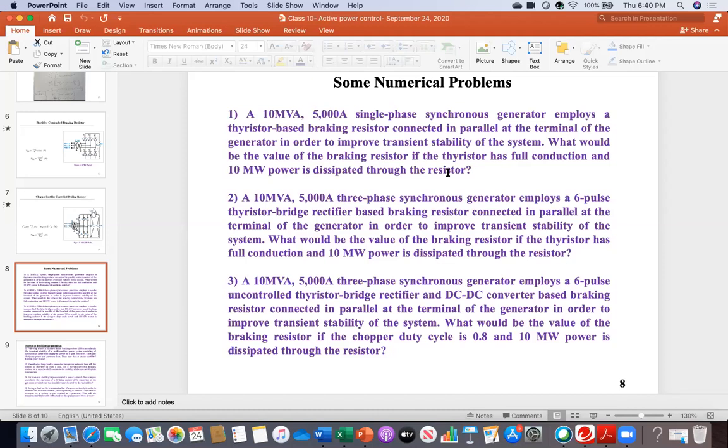It is a three-phase system; the first problem was for a single-phase system. Therefore, for problem two, for the three-phase system, we have to use the equation S equals √3 VL IL. You will be getting a VL value of 1154.7.